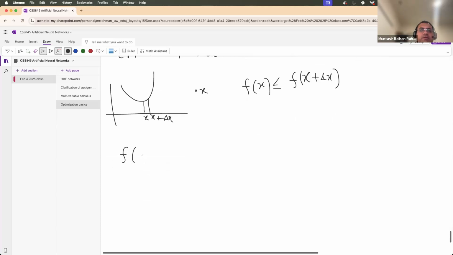Let's look at the Taylor expansion that we had earlier, which is f of x plus delta x.